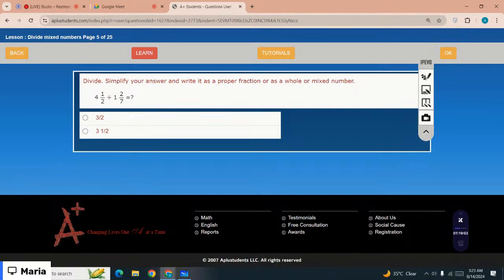The next one is 4 whole 1 by 2 divided by 1 whole 2 over 7. So which is the correct option?